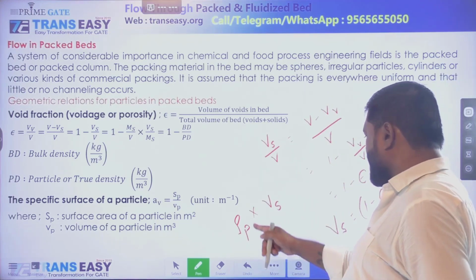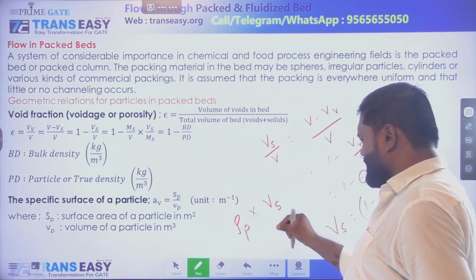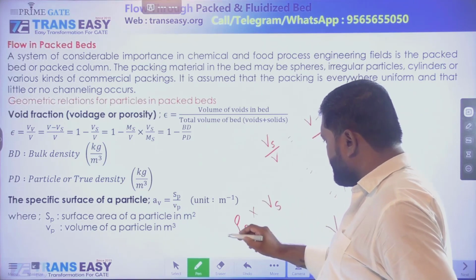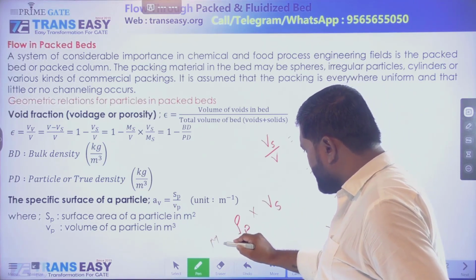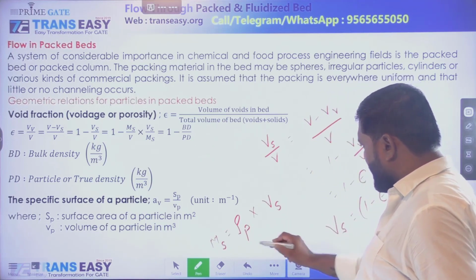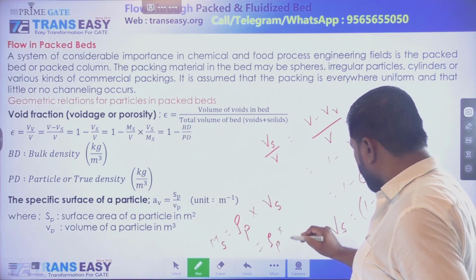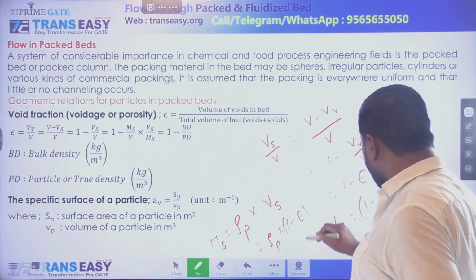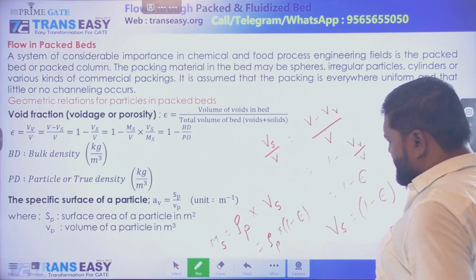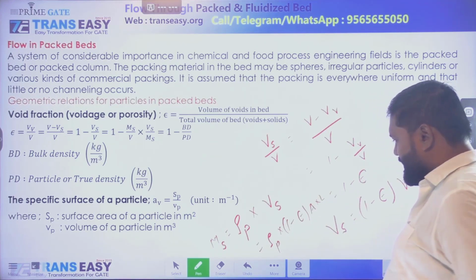This is particle density: density of the solid particle into volume of the solid particle. This will give the mass of the solid particle. So rho p, the density of the particle, into 1 minus epsilon, and for a cylindrical container, cross-sectional area A, height of the bed.